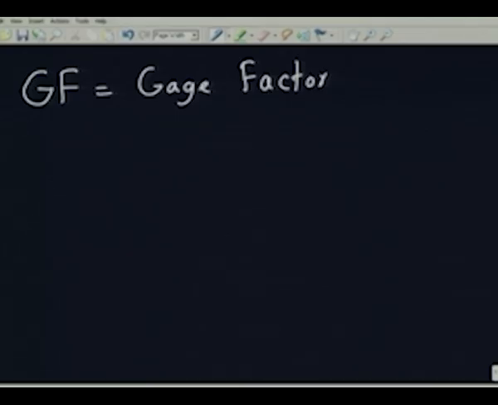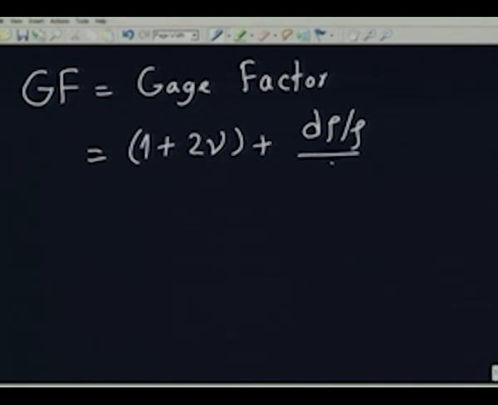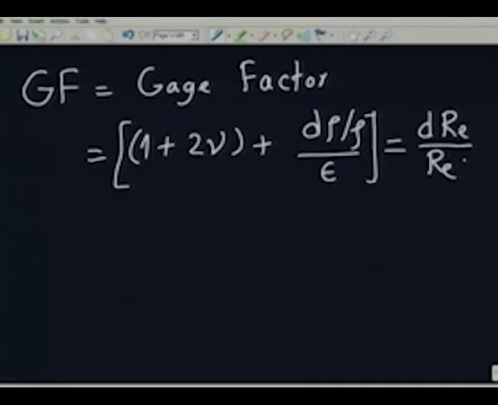It is given by 1 plus 2 nu plus d rho by rho divided by epsilon, which is nothing but dRe by Re epsilon.